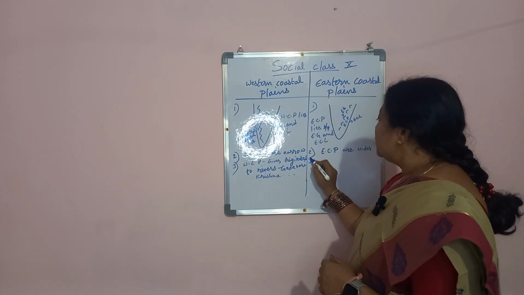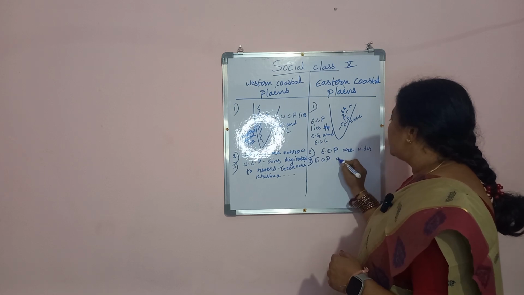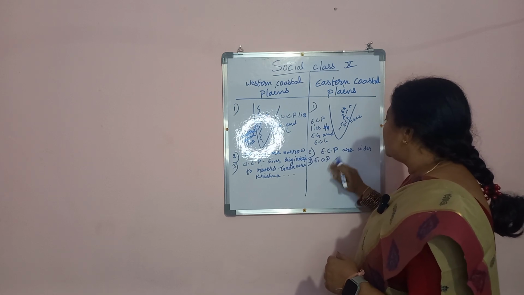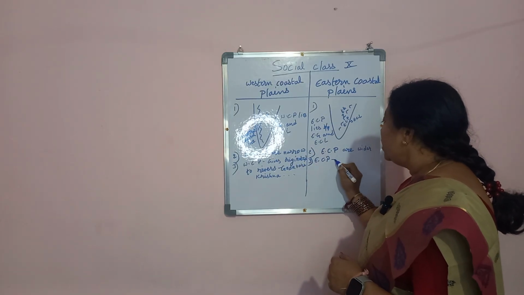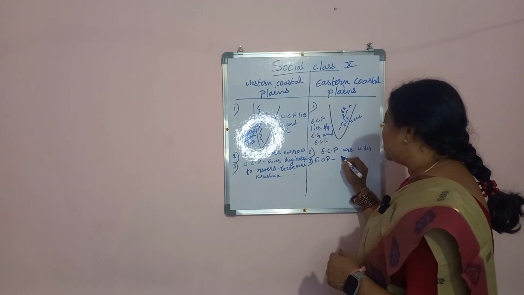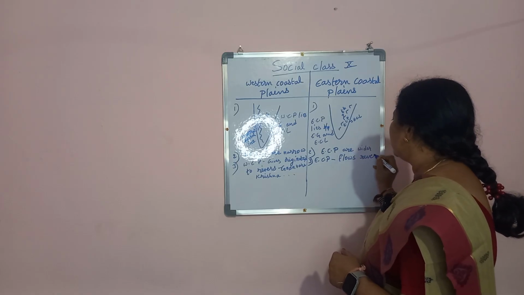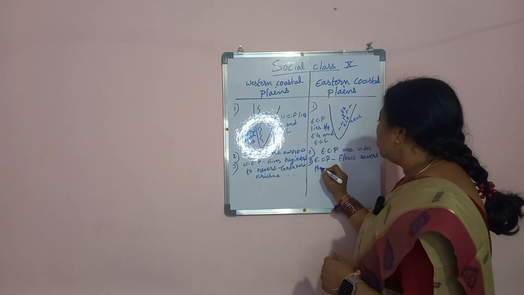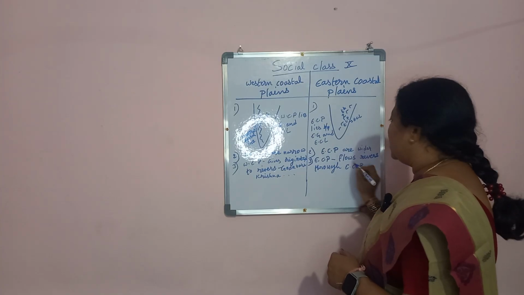And here eastern coastal plains: whatever rivers originate from the western side flow towards the eastern coastal plains. So rivers flow through eastern coastal plains. Clear?